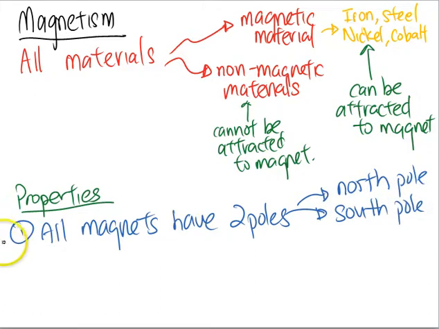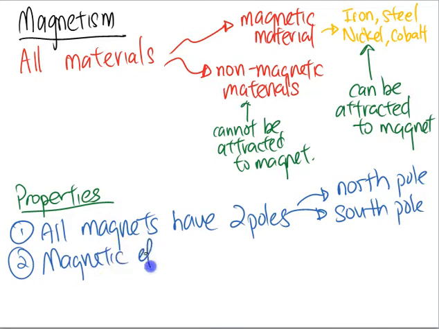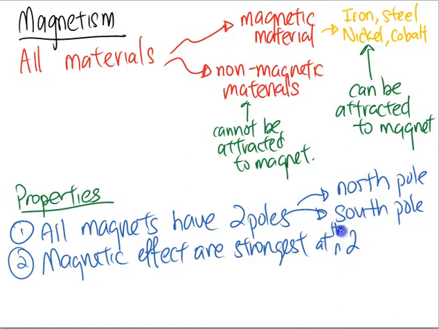Next one is this: the magnetic effect is strongest at the two poles. So if I were to draw a bar magnet attracting some paper clips, you would expect to see more on the two ends, maybe 3 paper clips.